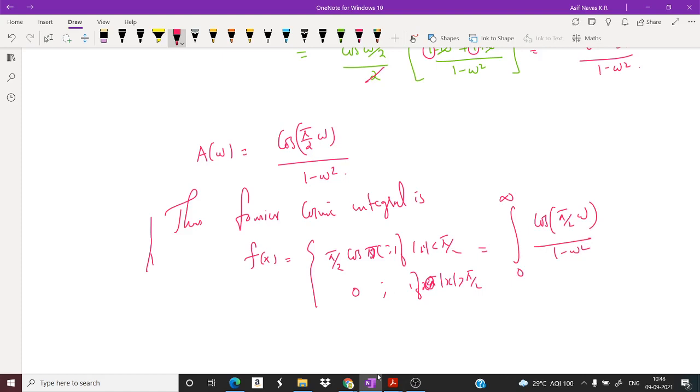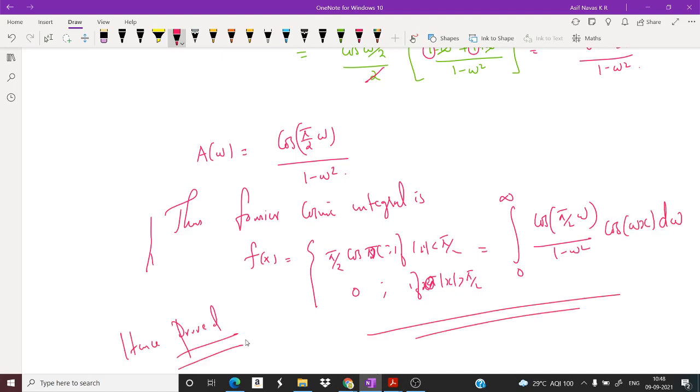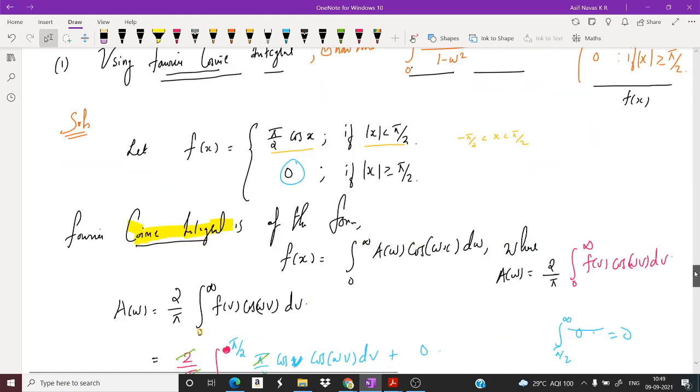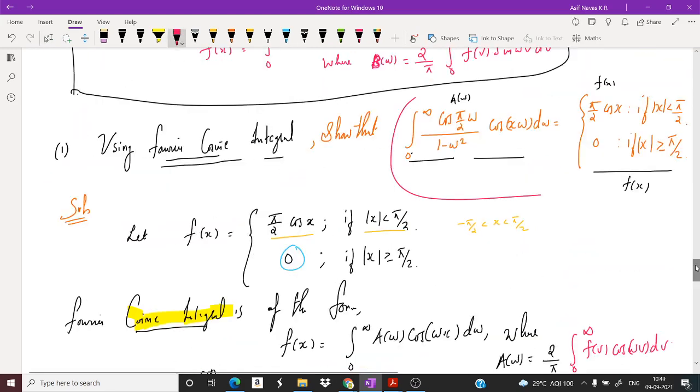So this is what we have to show. That is the question. From the question we have to show this, right? So by using Fourier integral, we find that this integral.